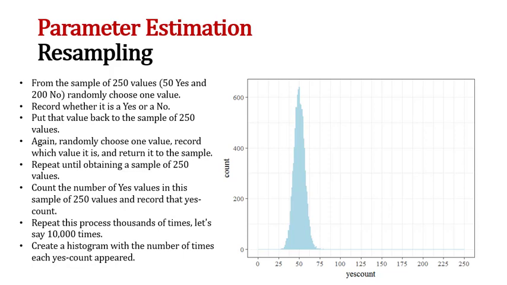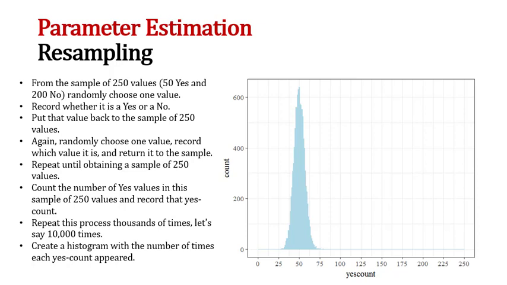The way we do it is, from these 250 values, we randomly choose one value. We write it down and we put it back in the set of 250 values. We do that again.